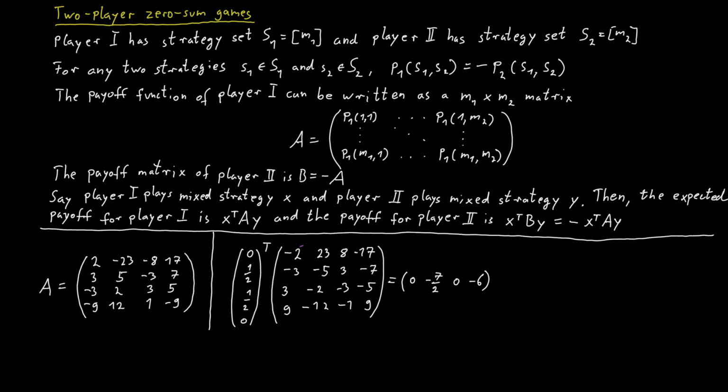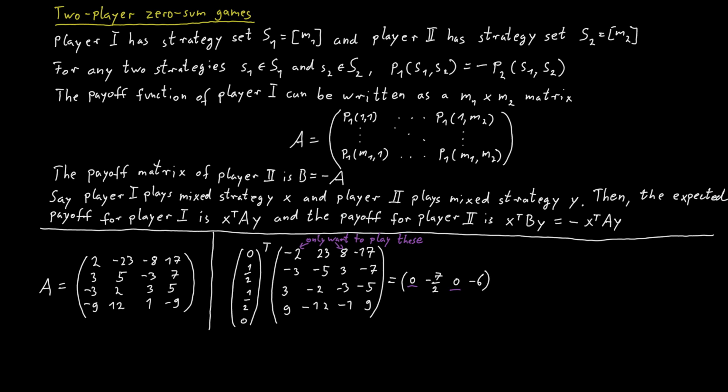So clearly, what player 2 would want to do is to either choose column 1 or column 3. The other two columns, column 2 and column 4, are much worse because the payoff there is actually negative, whereas in the first column or the third column, the player gets a payoff of 0.